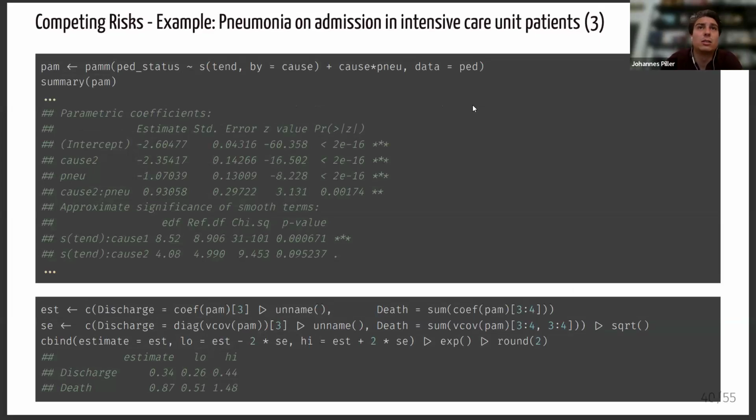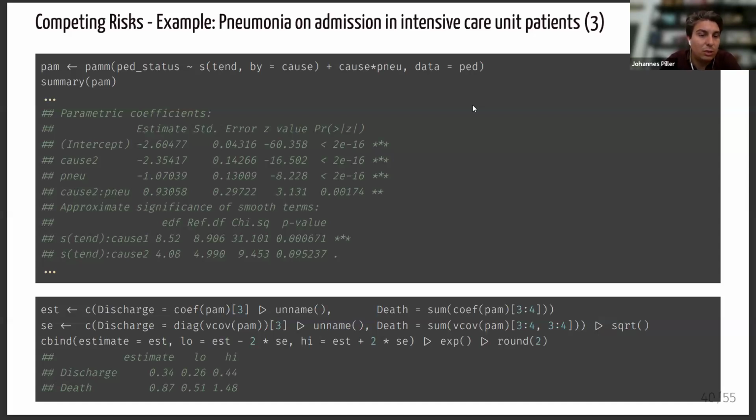We expect that pneumonia has a different impact on death than it has on discharge, so here we model it also as an interaction. Here you can see the summary plot with the confidence intervals and the different estimates of how strong the effect is.